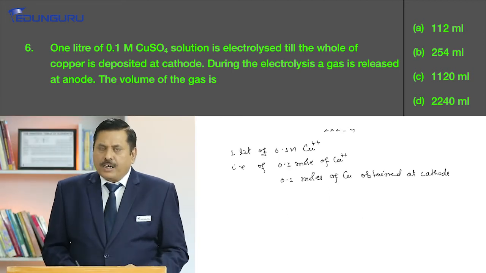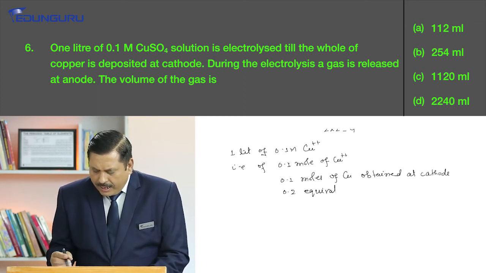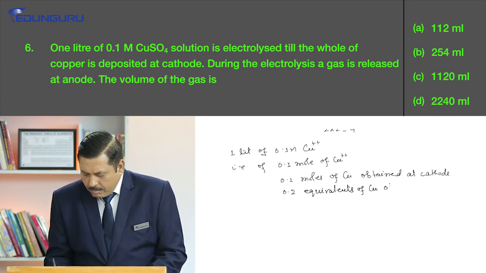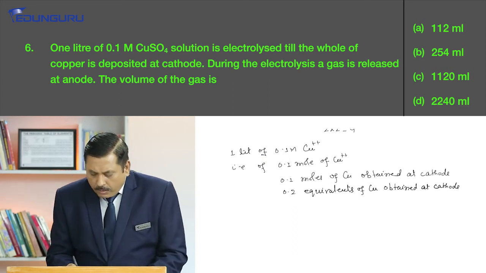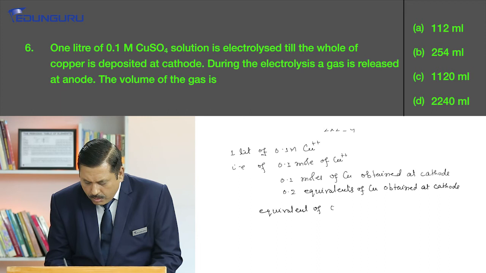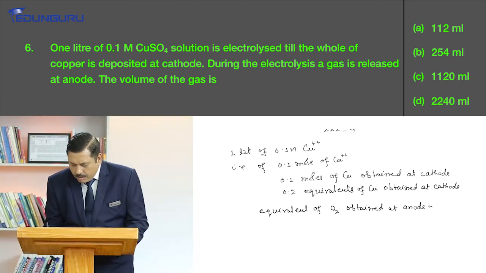Now the N factor of copper is 2, so we can say we have 0.2 equivalents of copper obtained at the cathode. Therefore, equivalents of O2 obtained at the anode is equal to 0.2.